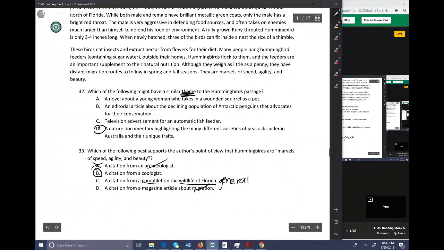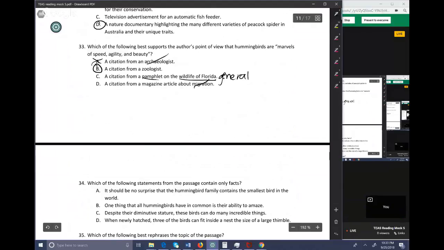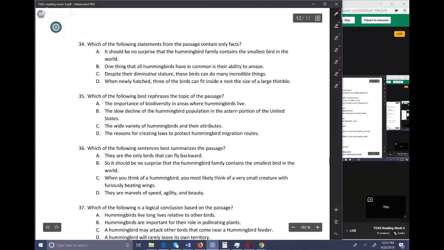Like, wildlife of Florida is so big and broad that they would not be able to really talk much about any one animal. So that's why it's not that one. So a citation from a zoologist, they would be able to really speak to any one particular animal because their job is to know everything about every particular animal.